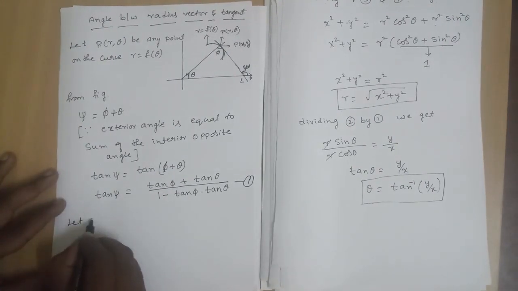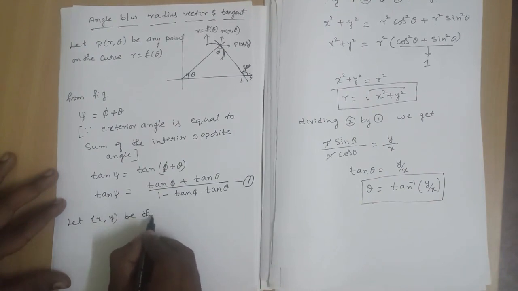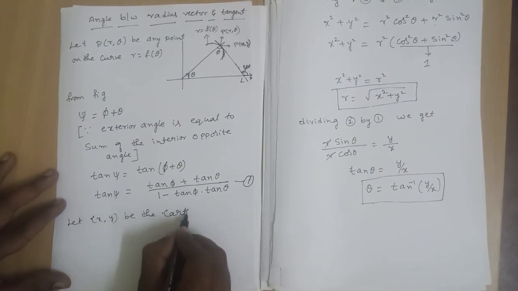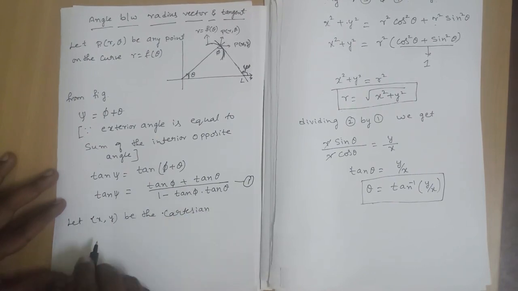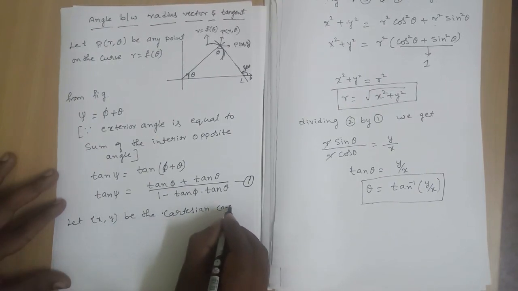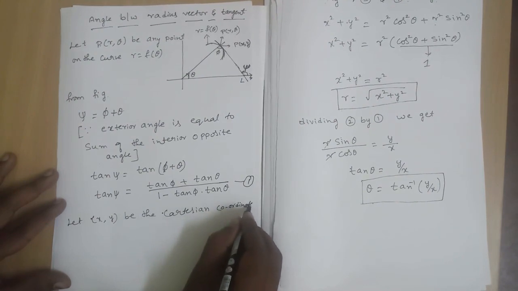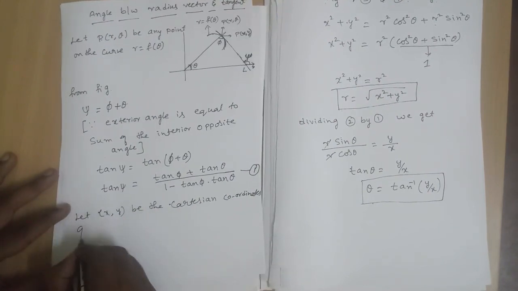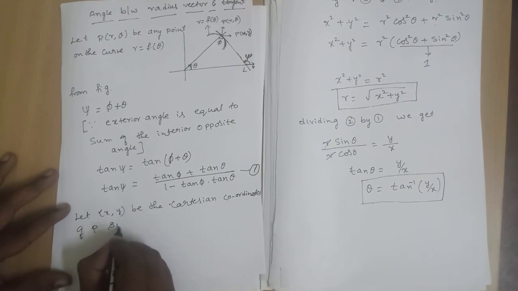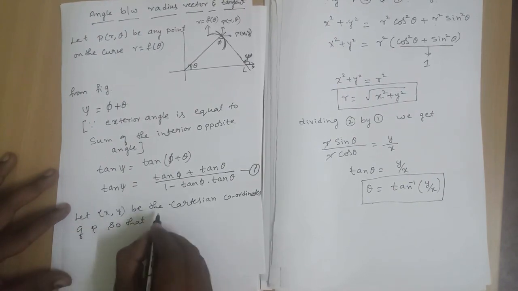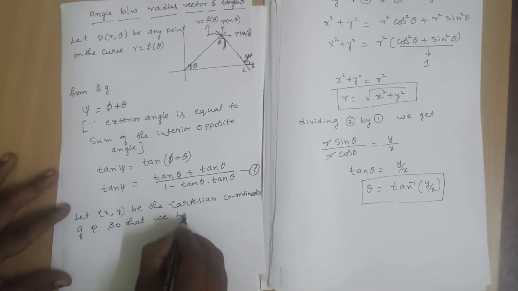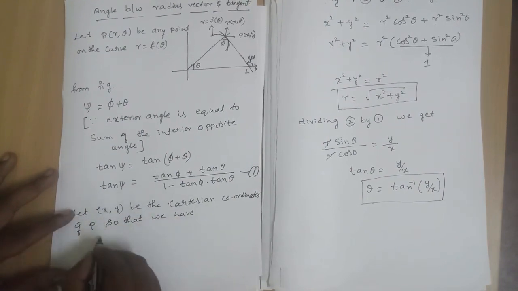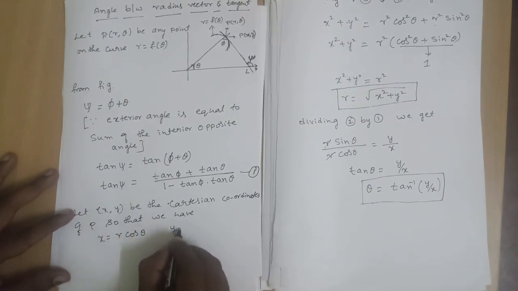So let x comma y be the Cartesian coordinates of P, so that we have x is equal to r cos theta, y is equal to r sin theta.